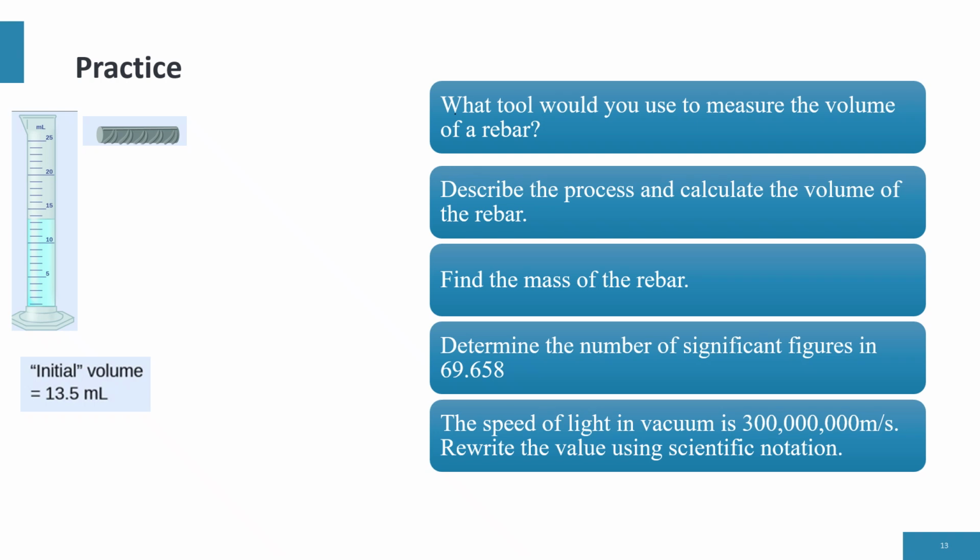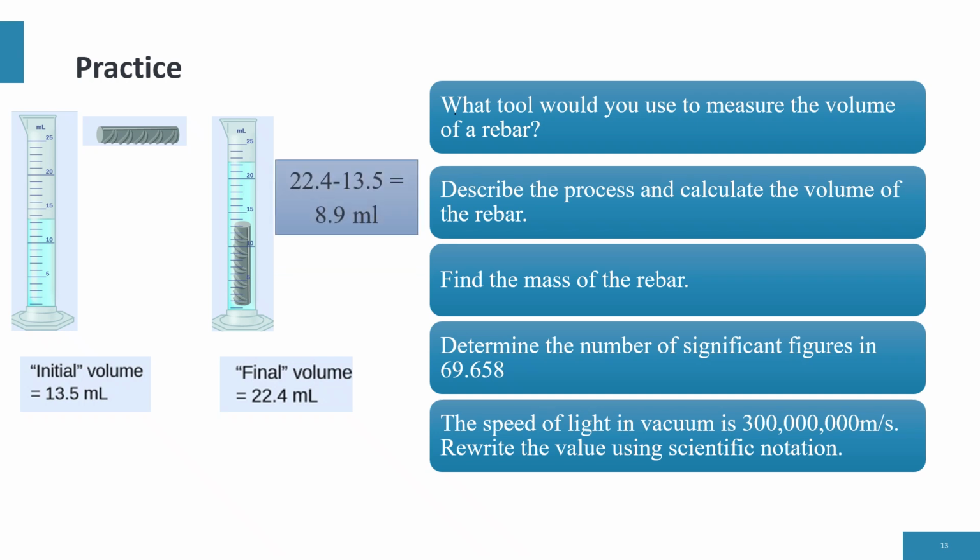The next step for us to do is to add that rebar into the graduated cylinder, and we note the difference in volume between the initial volume and the final volume. So the final volume is 22.4 milliliters. Initial volume is 13.5 milliliters. What do we do to find out the volume? We go ahead and subtract. 22.4 minus 13.5 is 8.9 milliliters, and now we have the volume.